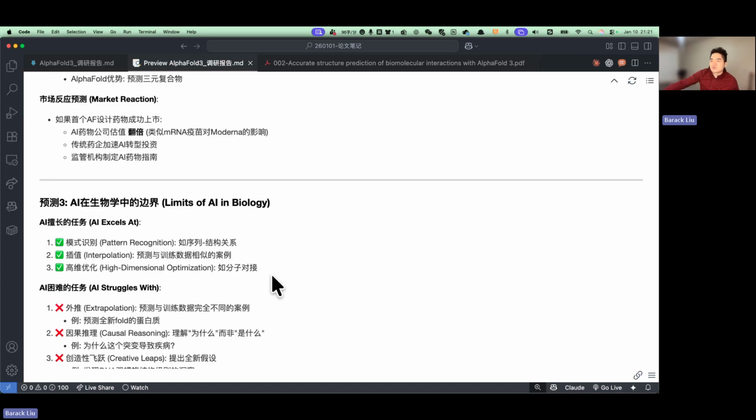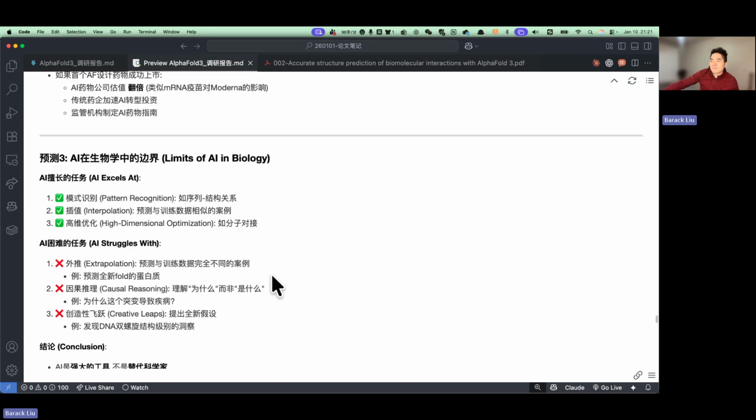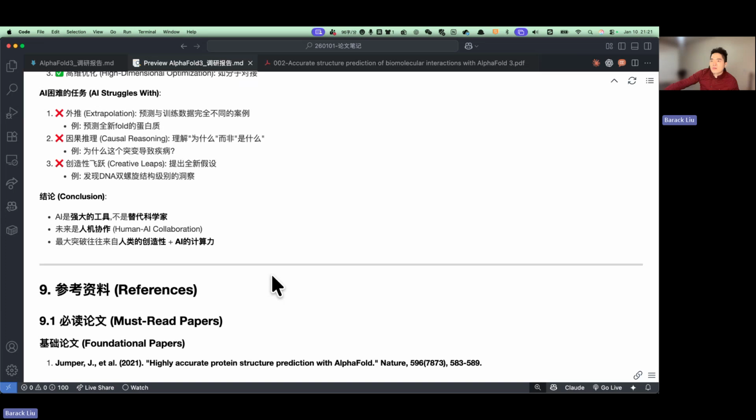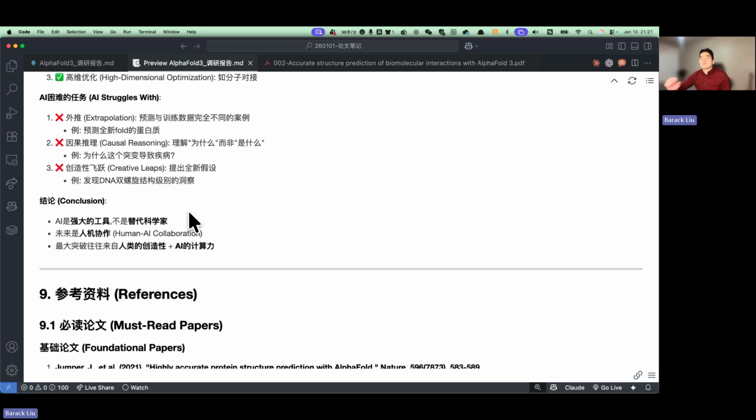Limits of AI in biology. So AI is a powerful tool, but it's not about replacing scientists. The future belongs to human-AI collaboration. The biggest breakthroughs come from human creativity and AI's computation.